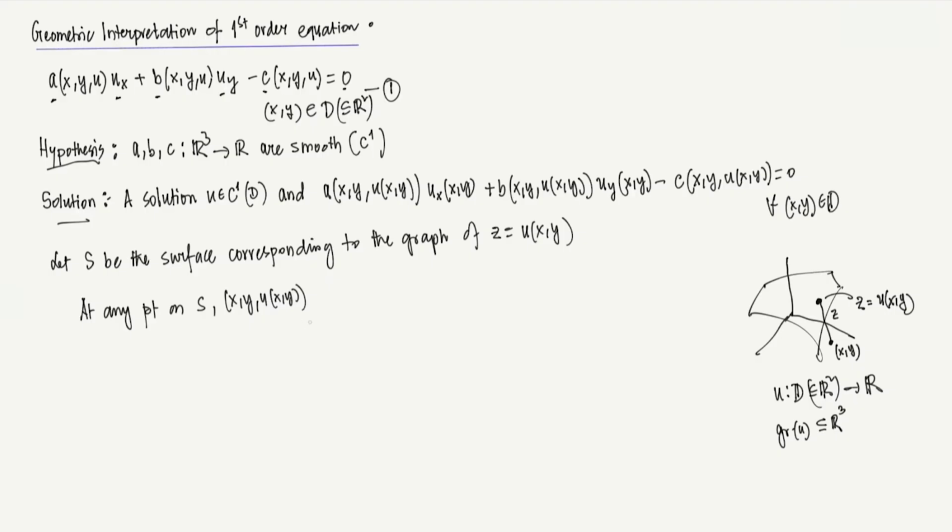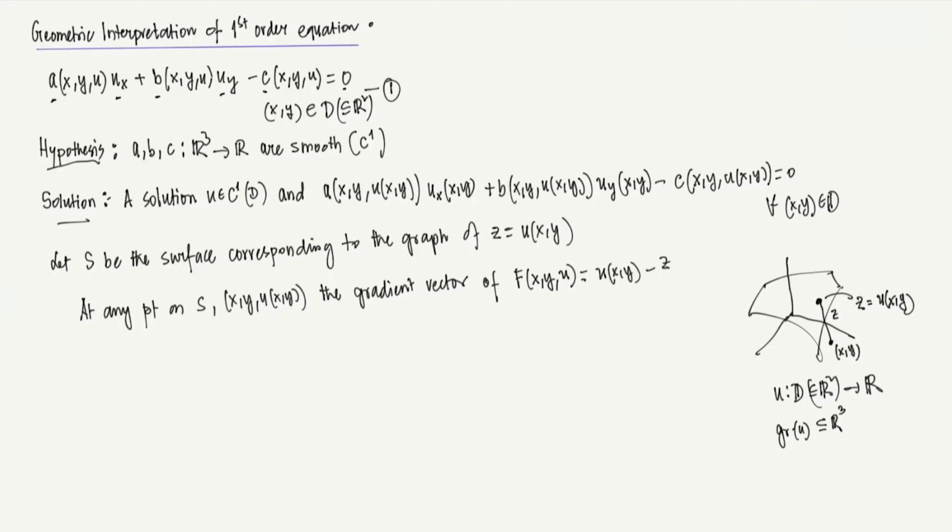You see, the thing is, if you look at the gradient vector at that point, the gradient vector of the capital F, which is given by F of x, y, and u, which is u of xy minus z.